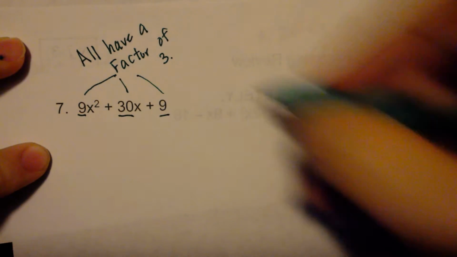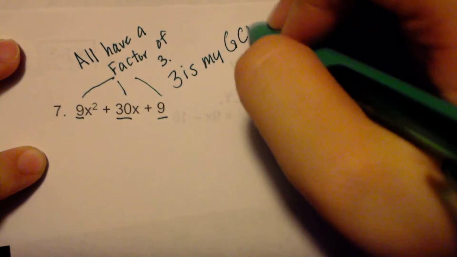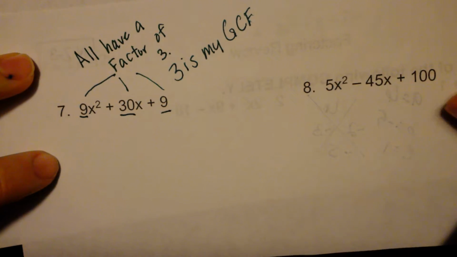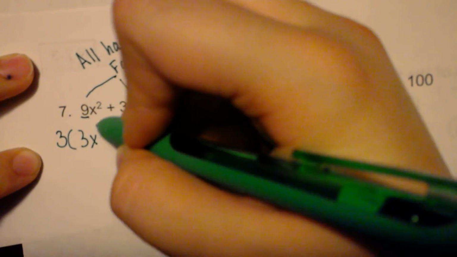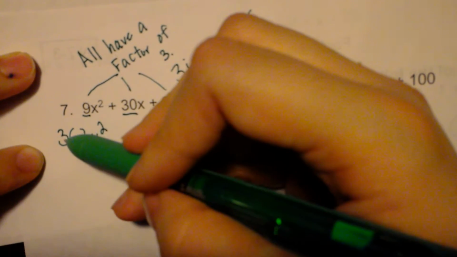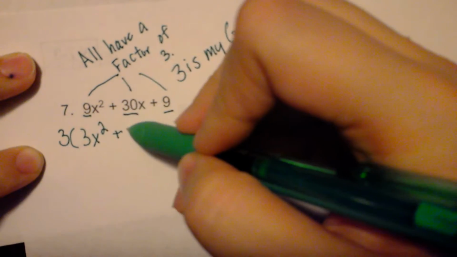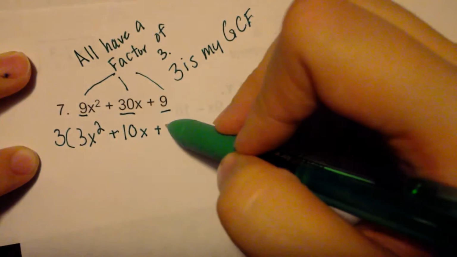So that means that 3 is my GCF, greatest common factor. So I need to take 3 out first. So 9 divided by 3 is 3. 30 divided by 3 is 10. And 9 divided by 3 is 3.